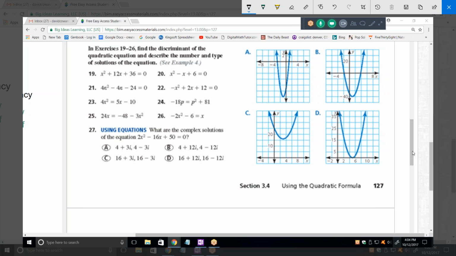Proper quadratic format means 0 on one side. So 0 equals p squared plus 18p plus 81. Okay, what's the discriminant equal to?